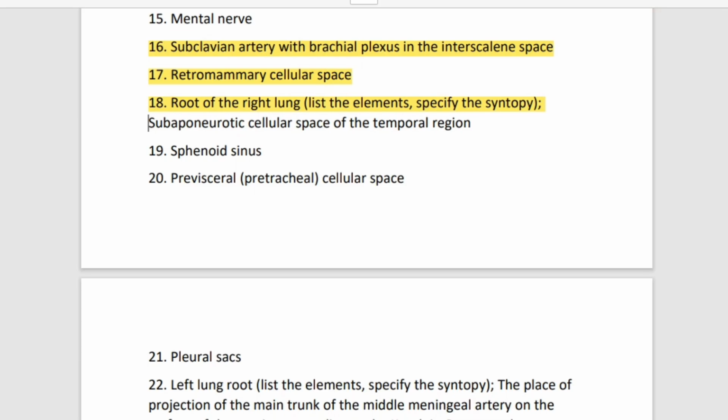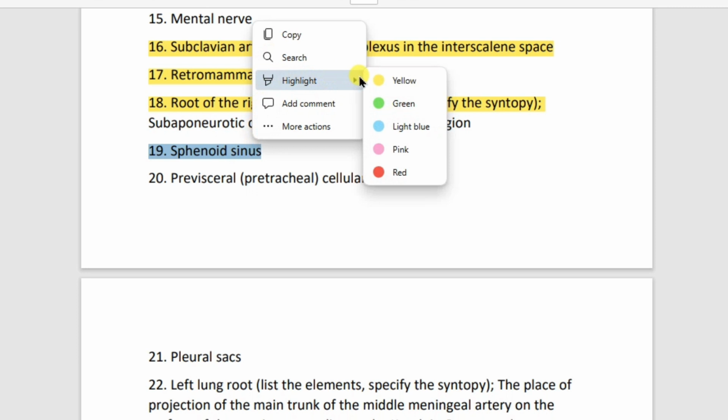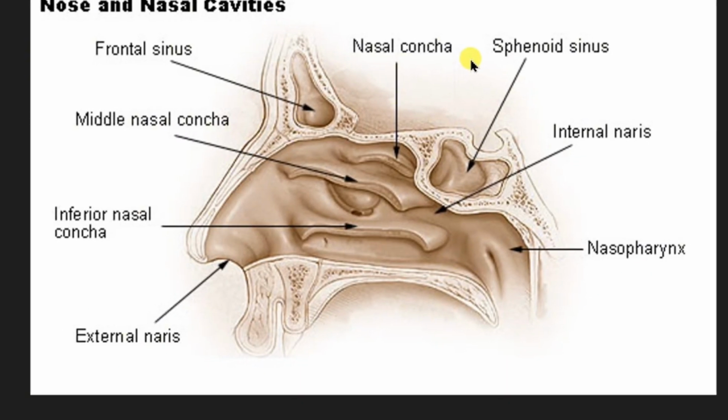Okay, so the next structure we have here is the sphenoid sinus, and the pair of sphenoid sinuses are separated in the middle by a septum of the sphenoid sinuses.